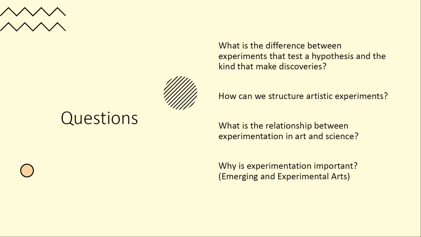Why is experimentation important? Well, it's certainly part of the discipline. It's a big part of the discipline. It's something that artists have done throughout history, and there are institutional practices around experimentation that are, as I said, part of the discipline.